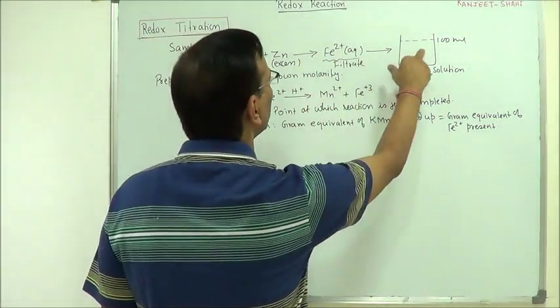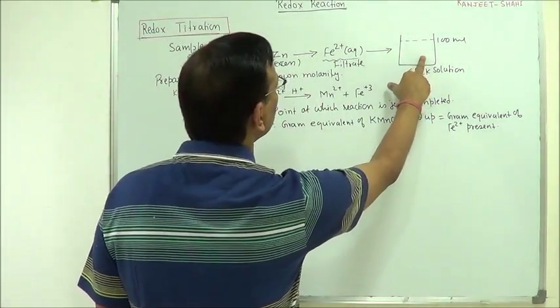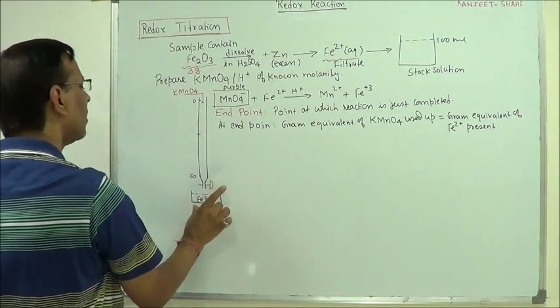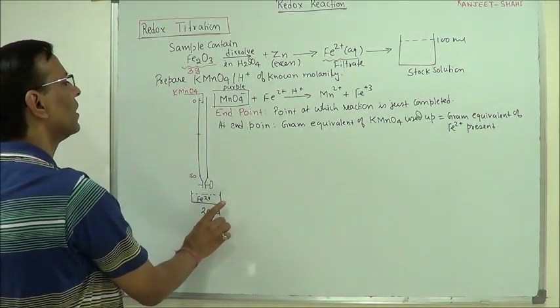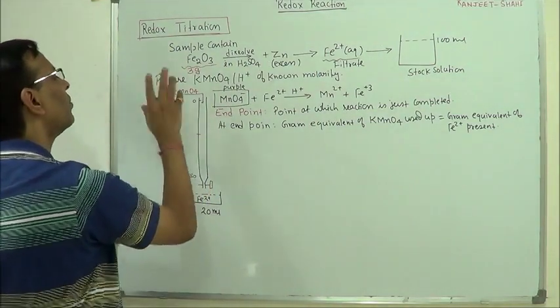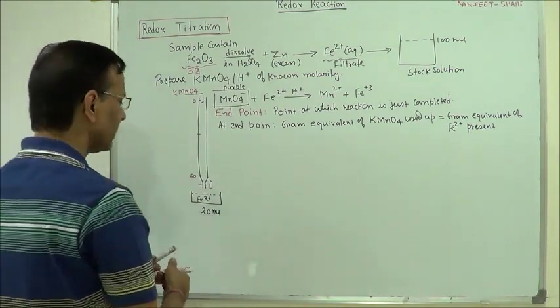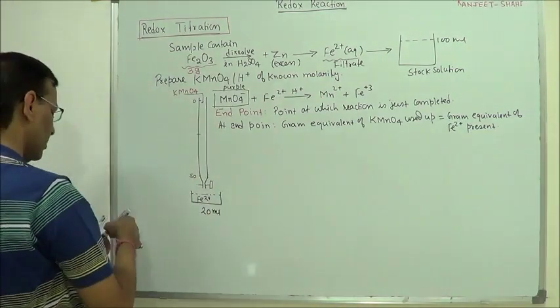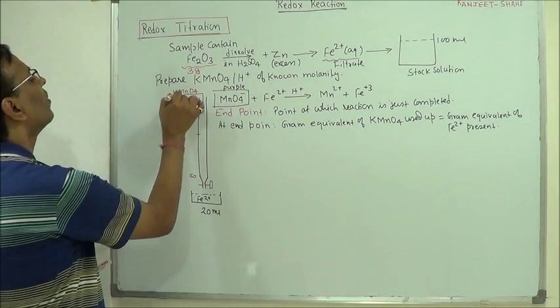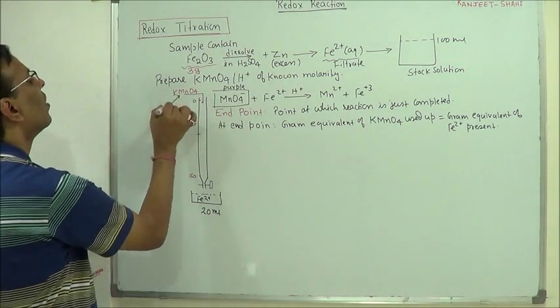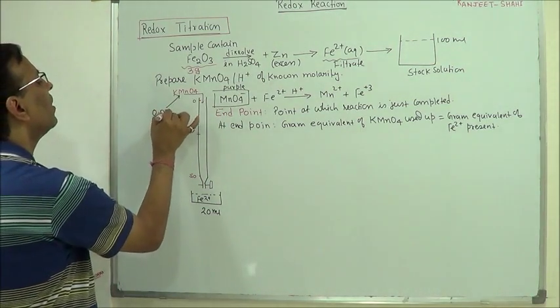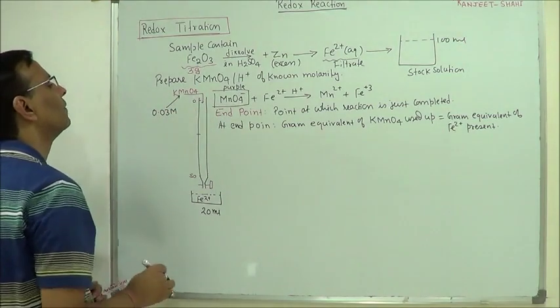That ferrous ion has gone into 100 ml, and 20 ml of that ferrous ion solution was titrated with potassium permanganate, and let us say this potassium permanganate solution is 0.03 molar.